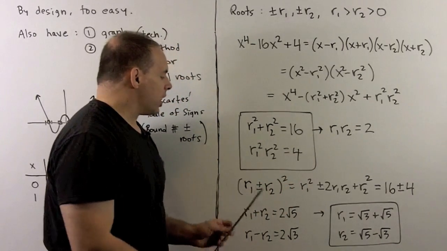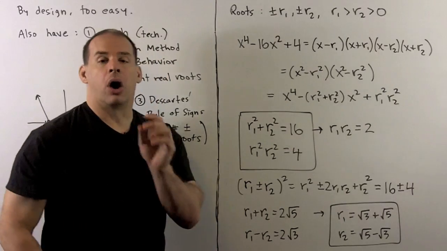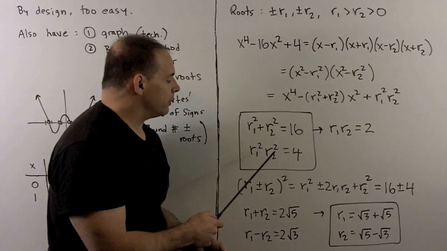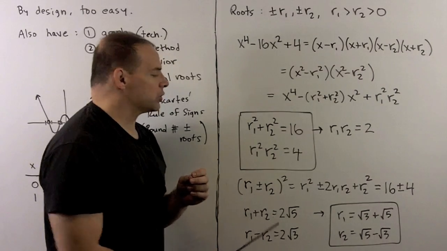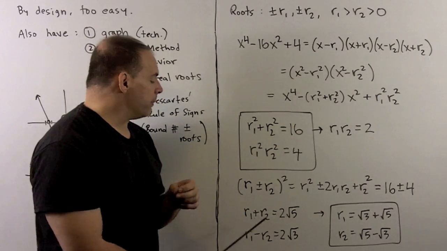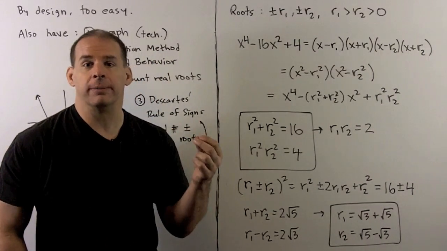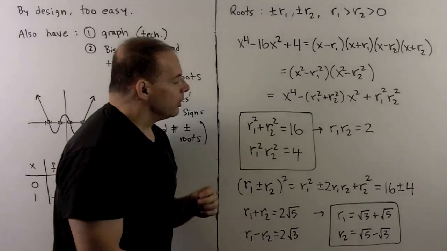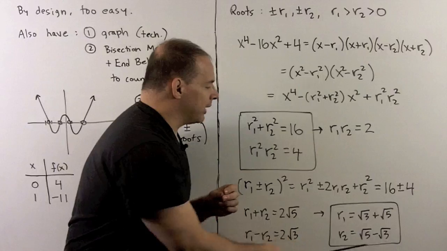Now with this, I'll take r1 plus r2, r1 minus r2, and square both of them. We substitute, and I get r1 plus r2 is equal to 2 square root of 5, r1 minus r2 is equal to 2 square root of 3. So when we solve for r1 and r2, we get the roots of our polynomial in the form that we had before.